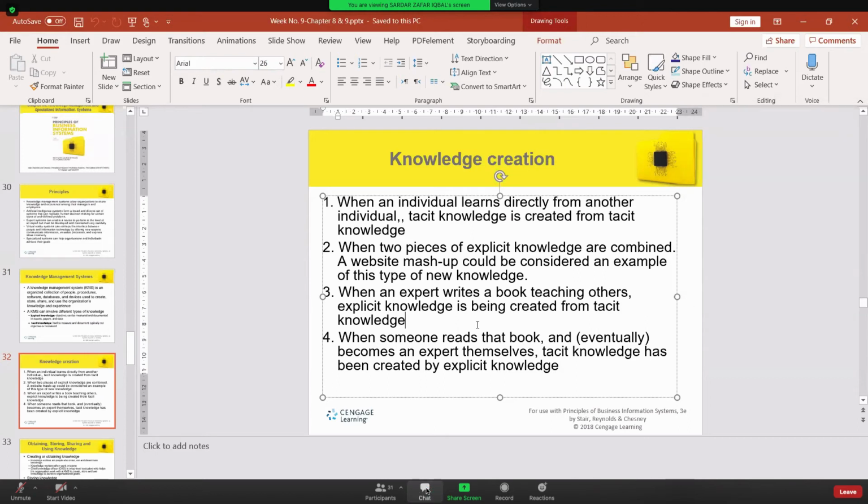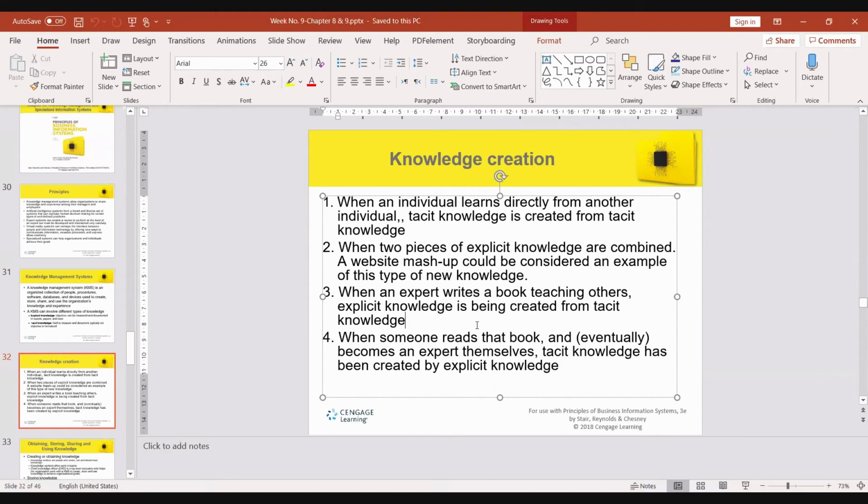Okay. So you are learning in a university as a student, and after graduation, you will become an expert. You will create explicit knowledge. But while you are learning here, you are creating tacit knowledge.